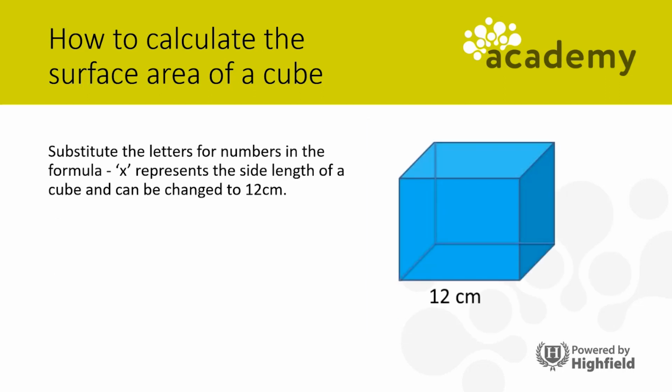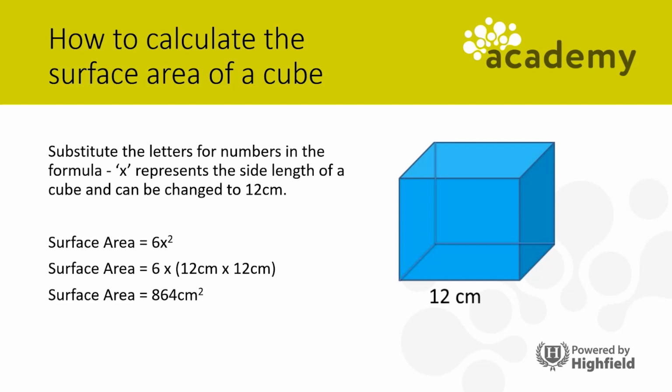Substitute the letters for numbers in the formula. So x represents the side length of a cube and can be changed to 12 centimeters in this example. The surface area equals 6x squared, or surface area equals 6 times 12 times 12, which is 864 centimeters squared.